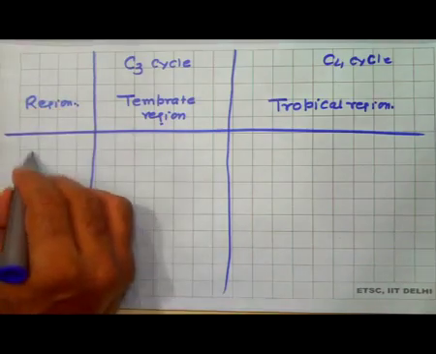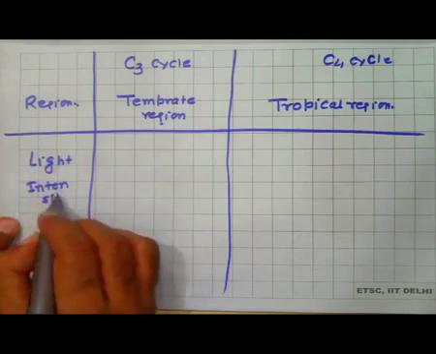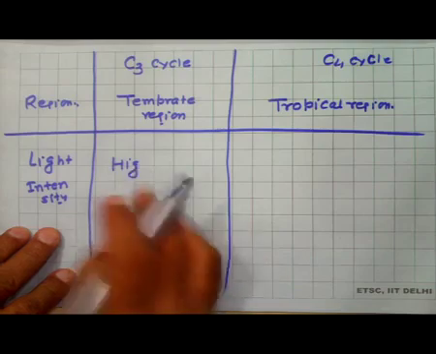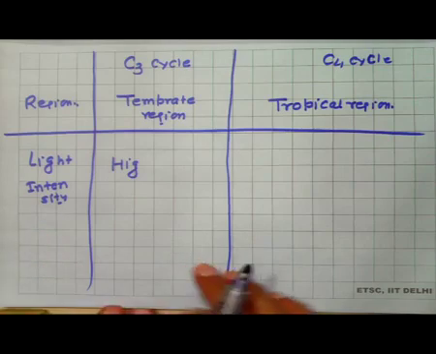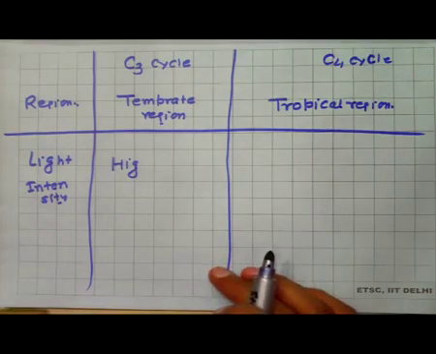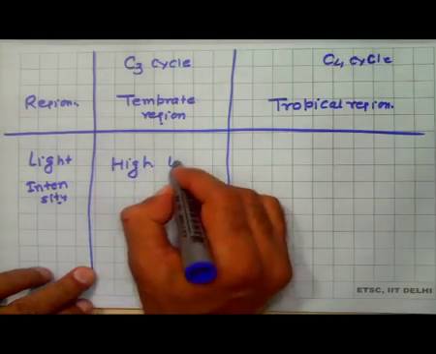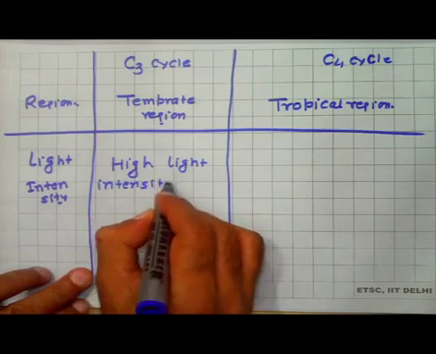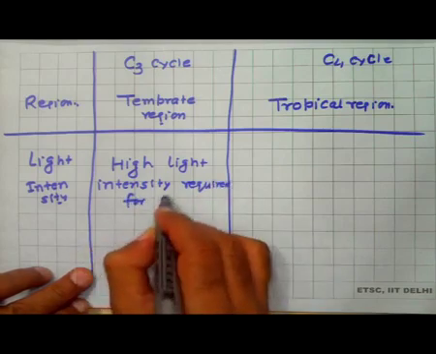Now, the last one, light intensity. Both require light reaction, because in light reaction ATP and NADPH2 are formed, which is called assimilatory power, which are used in the fixation of carbon dioxide. But in the C3 cycle, high light intensity is required for few hours.